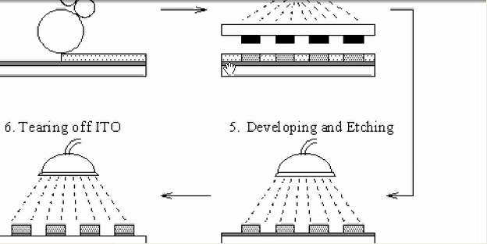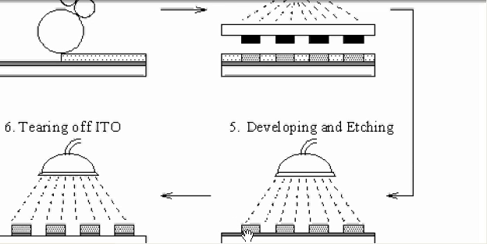We will first get rid of the photoresist that is already exposed under the UV. This is a solvent that just dissolves that part of the photoresist.